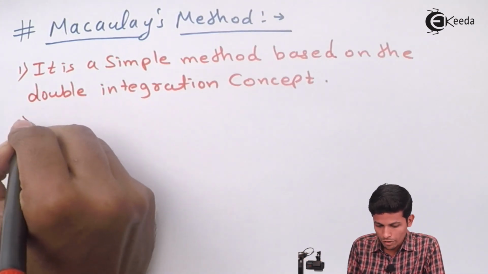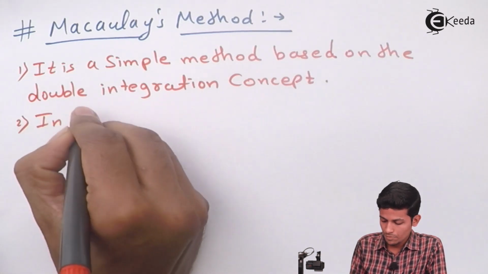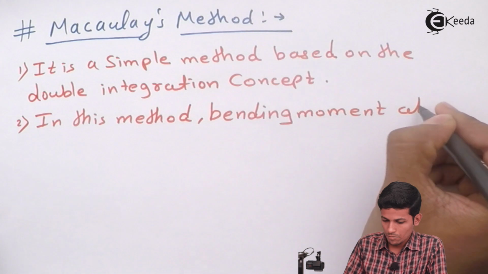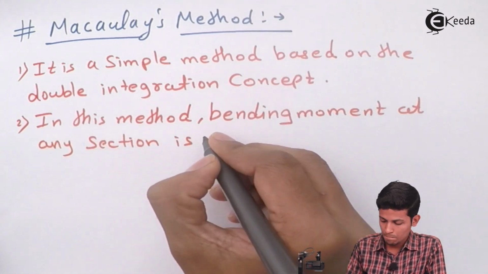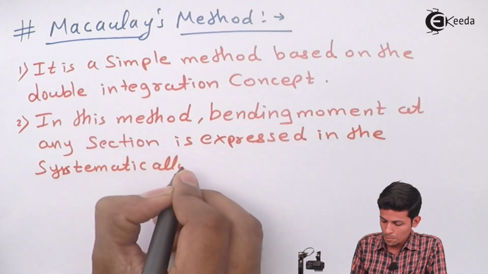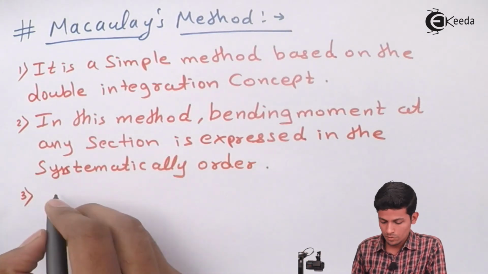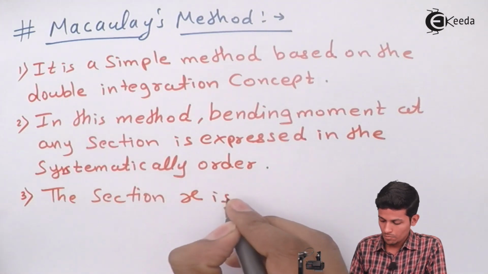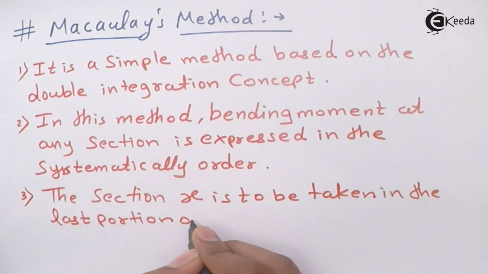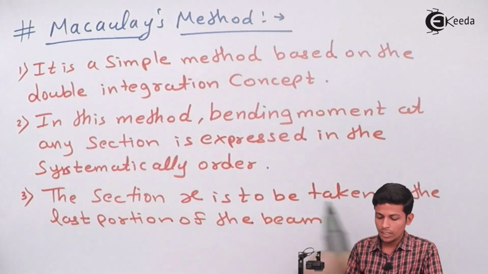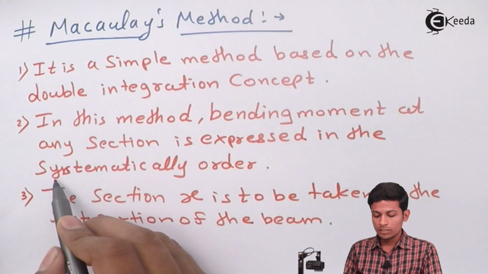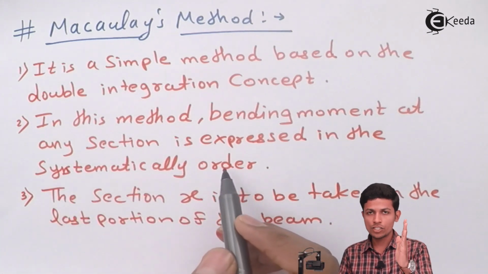Now the second point you have to remember in this method. Bending moment at any section is expressed in a systematic order. Systematic order means you have to take it systematically one by one.